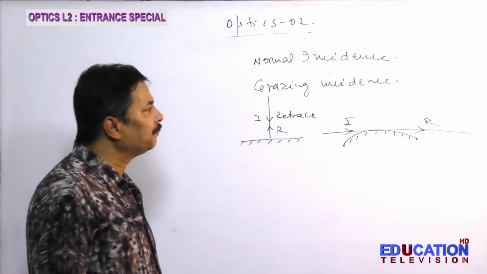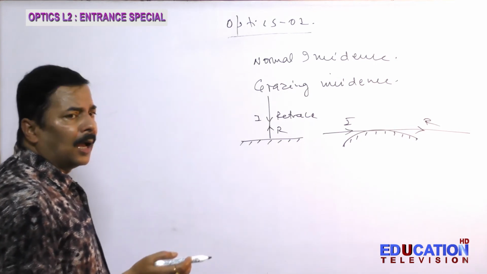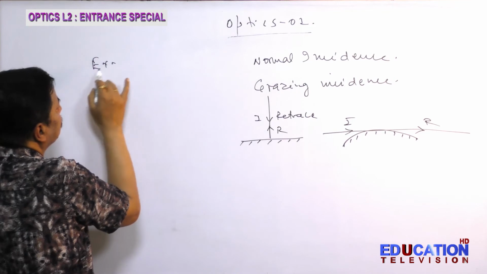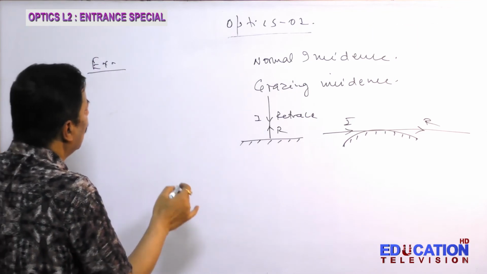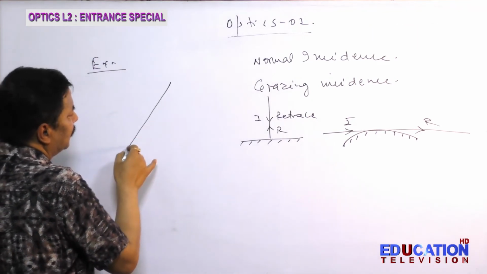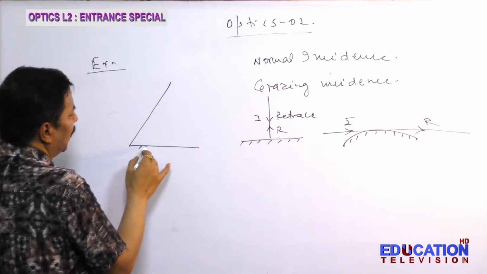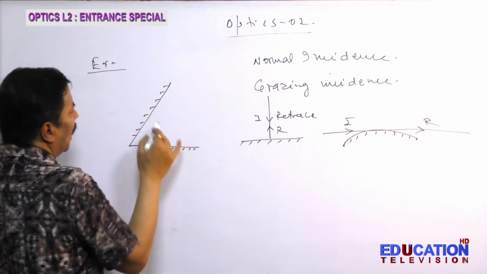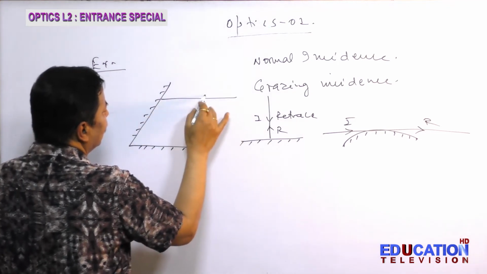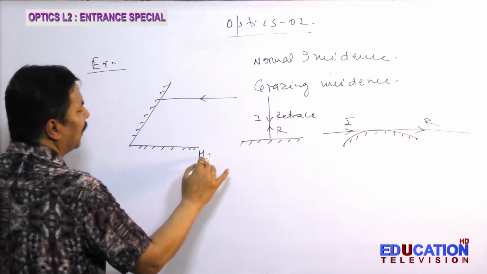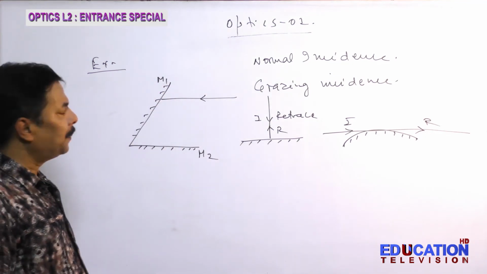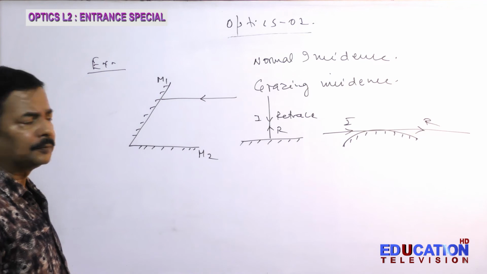For example, I am taking two plane mirrors and a ray is incident parallel to the mirror M2.